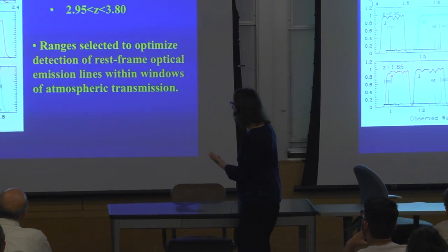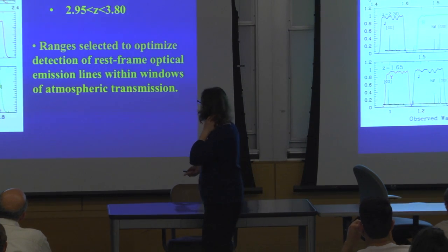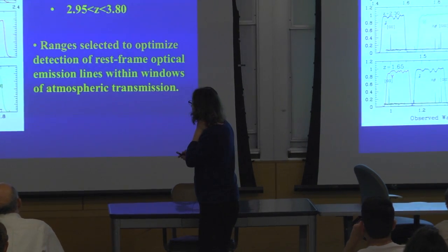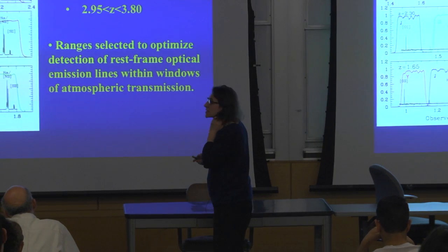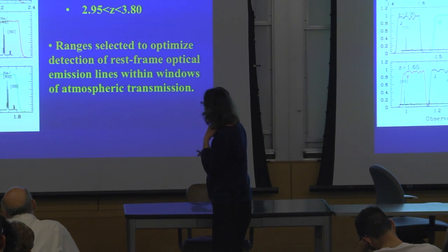But there are many reasons why it'll be great to observe this at longer wavelengths, because if you want to look at the ratio of lines at different rest-frame wavelengths, you need to correct for dust extinction. The robust way of doing that is looking at the ratio of this line, and we don't have this line either for this galaxy.